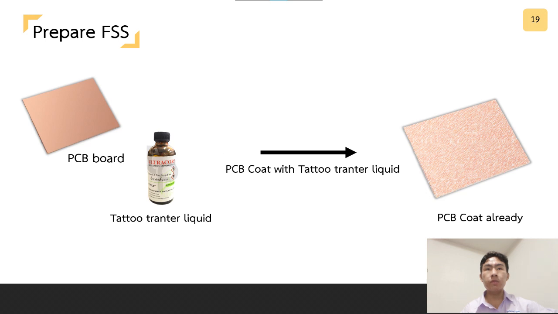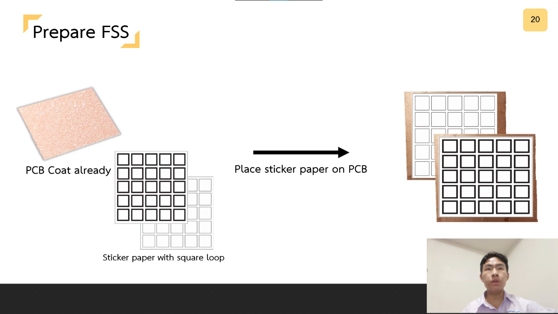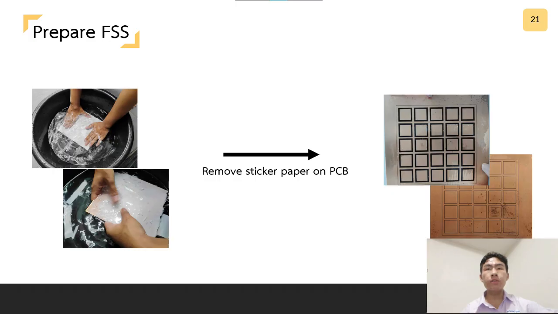Coating the PCB. Apply lacquer onto the copper coated side of the PCB, ensuring full coverage. Then press the printed sticker paper onto the coated side of the PCB and wait for approximately 15 minutes. Afterward, peel off the sticker paper and immerse the PCB in clean water to remove any remaining sticker residue.